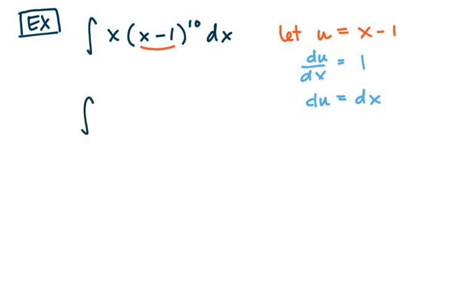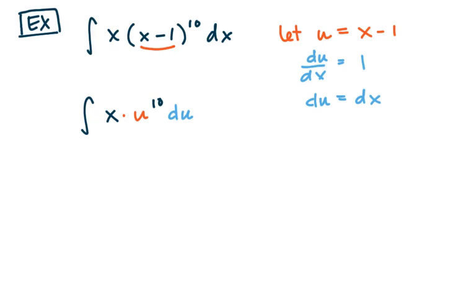So if I go to create this substitution, I have x times u to the 10th, and dx is equal to du. Well, how am I going to deal with this? I still have an x in here.